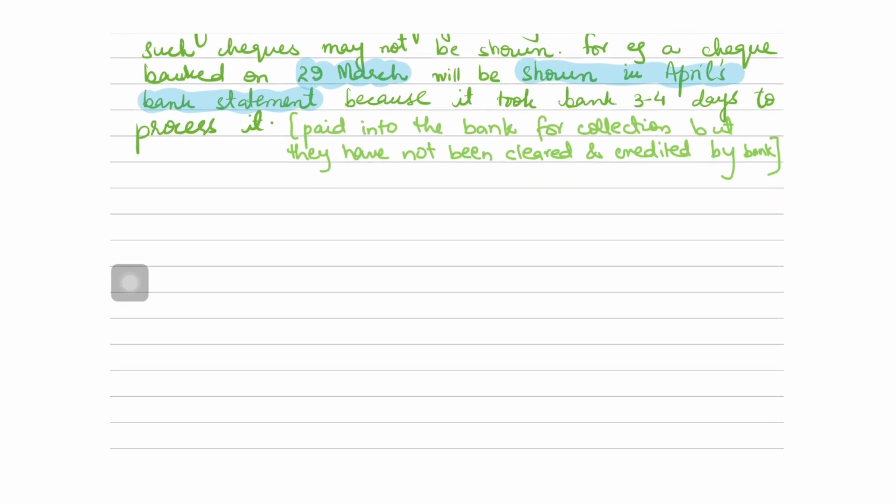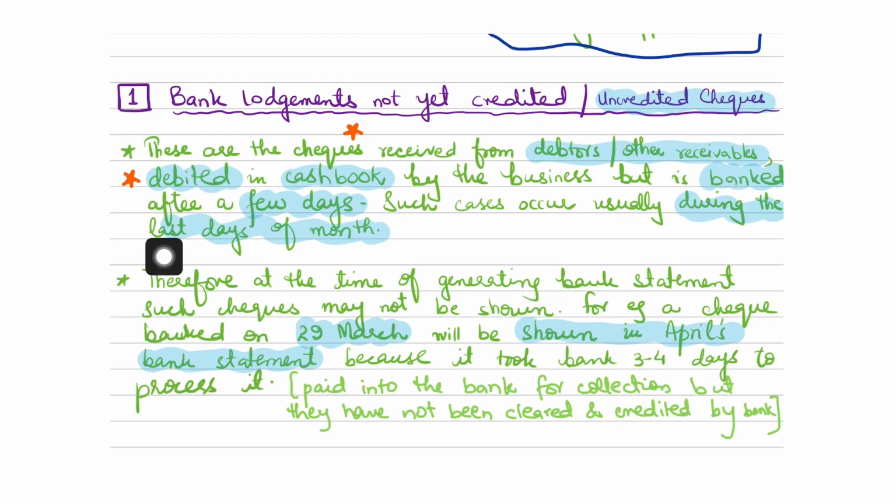Not yet credited means we have received the check and the business has debited the cash book when the check was received, but the bank will show that transaction on its credit side, right? That is why it is bank lodgements not yet credited, or uncredited checks, meaning not yet credited by the bank. So they are not shown on the credit side of the bank statement.